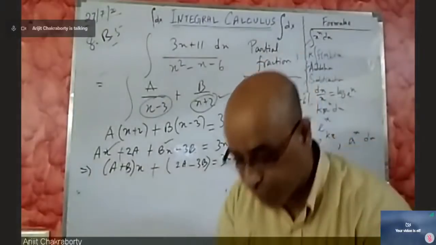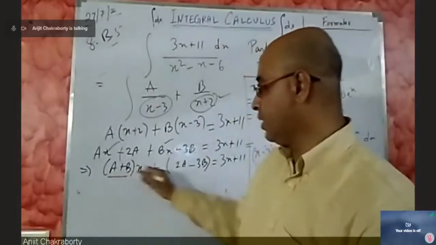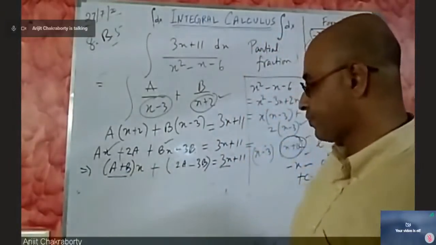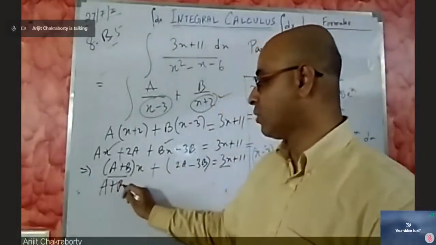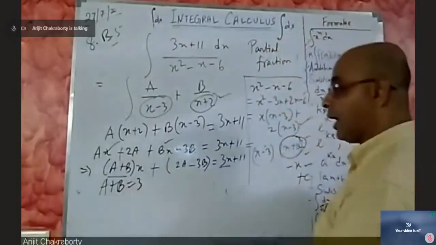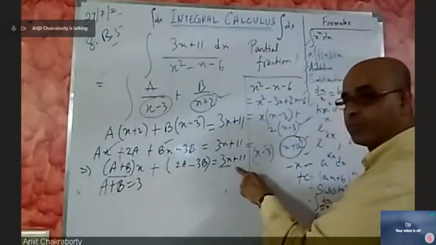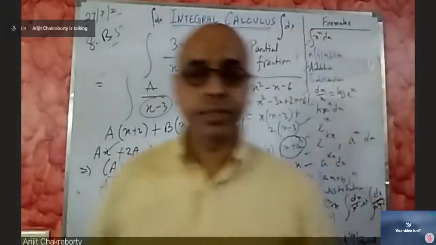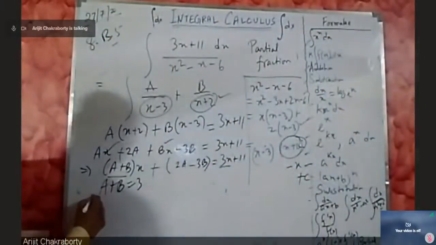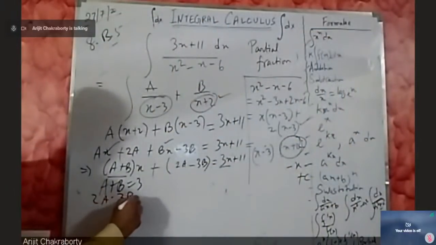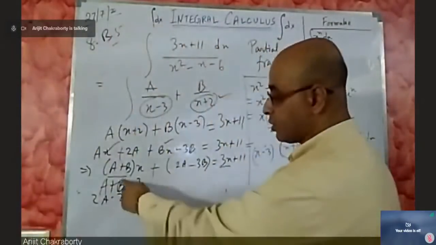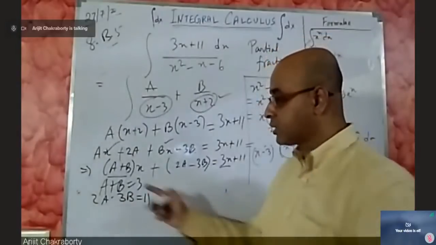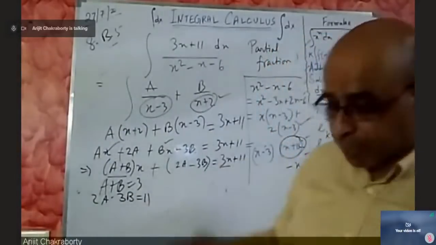Now if you see the coefficient of x, here we have 3x. That means a plus b has to be equal to 3 and 2a minus 3b has to be equal to 11. If you solve these, we are getting two simple equations.